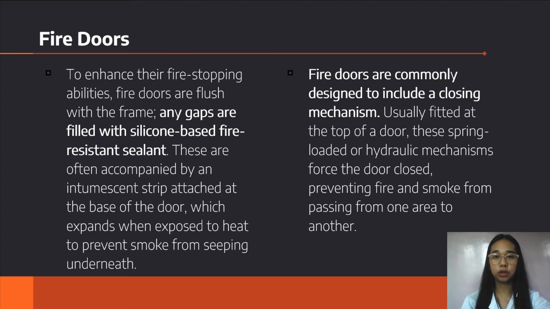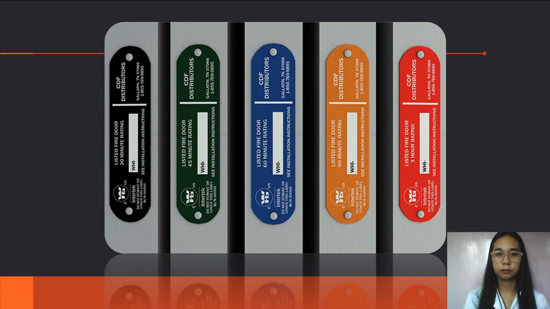You can tell which doors have been certified by a label attached to their top edge, which states the manufacturer, the date of manufacture, and the designated fire rating. So these here are examples of the labels that are found on fire doors.